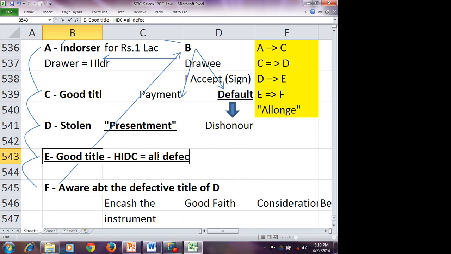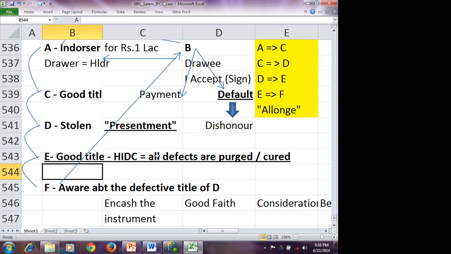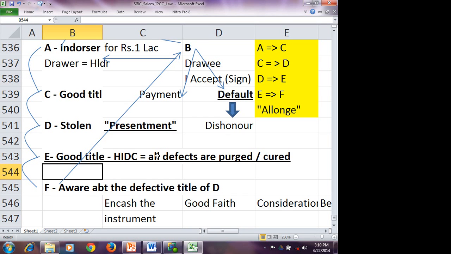All defects are purged. It's like the Ganga bath. Once the instrument passes through E, all defects are automatically cured, and any subsequent person who receives the instrument also gets a good title. And therefore, F gets a good title and he can sue B.